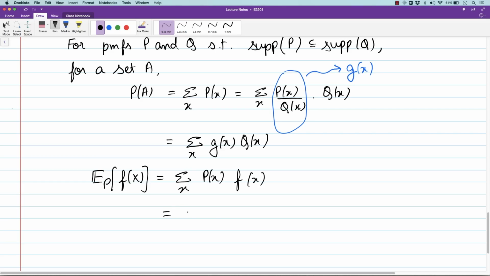But then again we can multiply and divide by Q, so you get g(x) f(x) Q(x), and this is nothing but the expected value over Q of g(x) f(x).